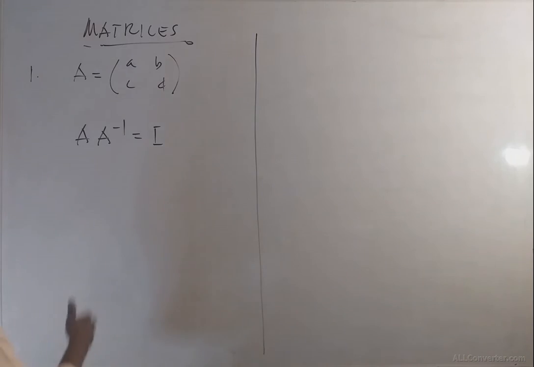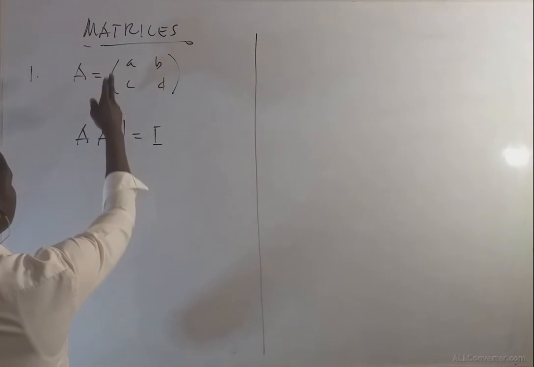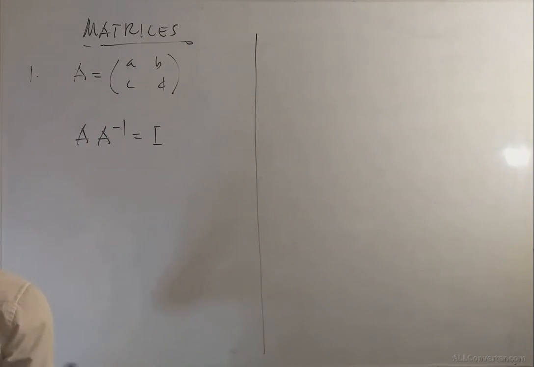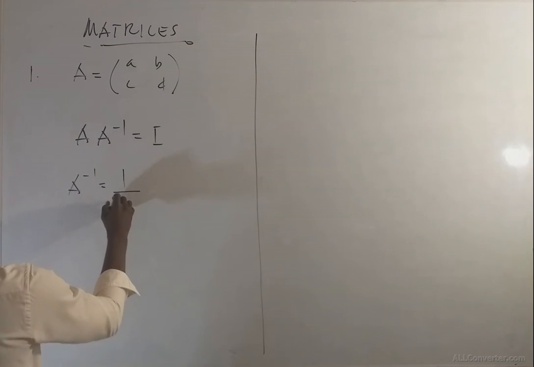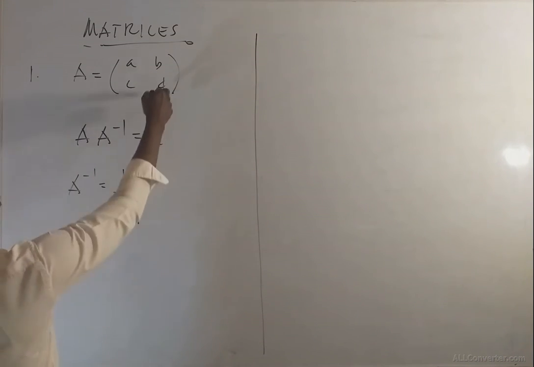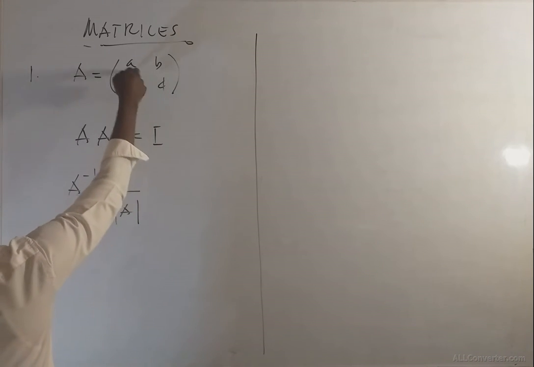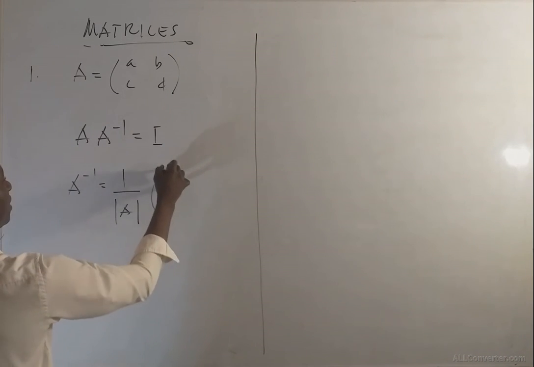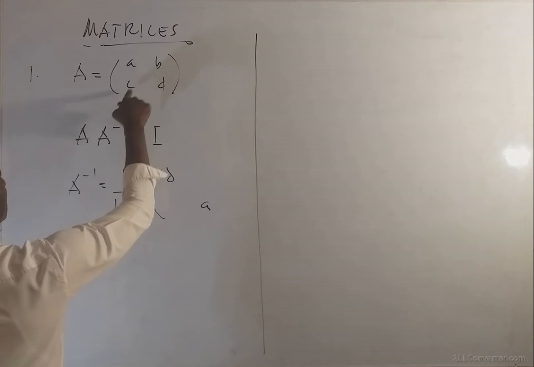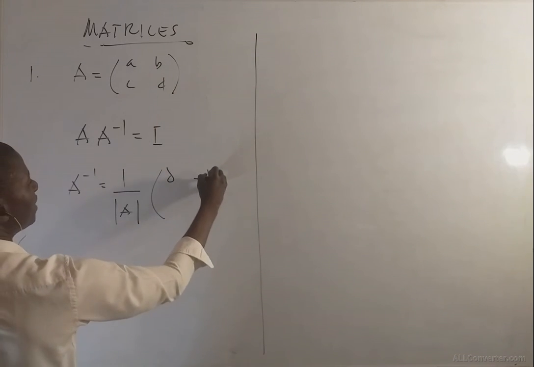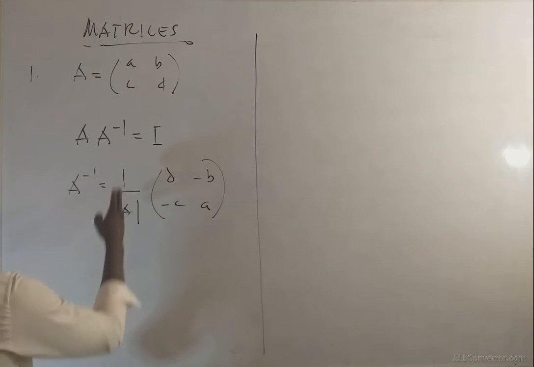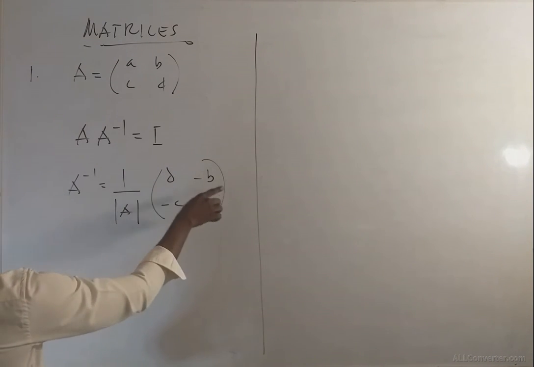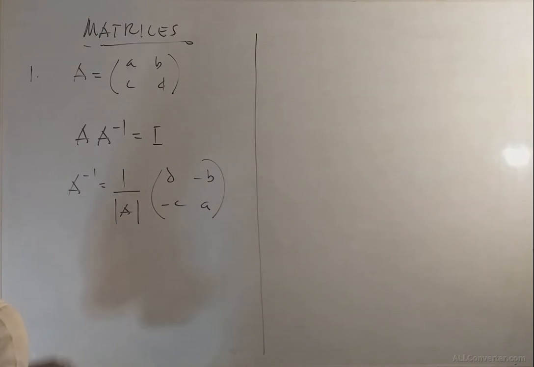And so if A is the matrix A, B, C, D, you know how to find the inverse. The inverse of A is 1 over the determinant of A. Then you interchange the position of the first and the fourth element, so you have D here, you have A there, then you negate the second and the third element, so you have minus B, you have minus C. So when you multiply 1 over the determinant by D, minus B, minus C, A, whatever you are getting is the inverse of that matrix.